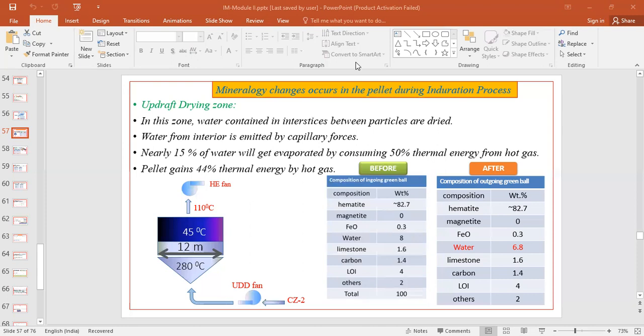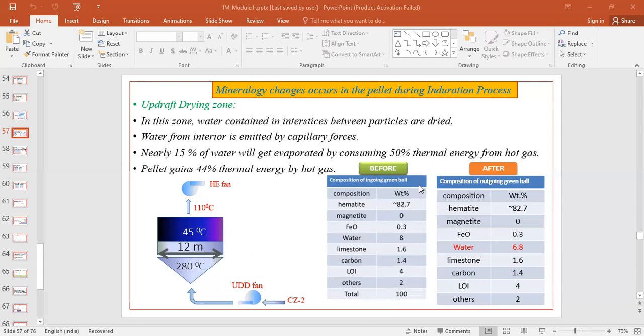In the updraft drying zone, you can see here the chemistry of the green pellets, and these green pellets are subjected to the induration process. The first stage of induration is the drying zone, the first part being the updraft drying zone.